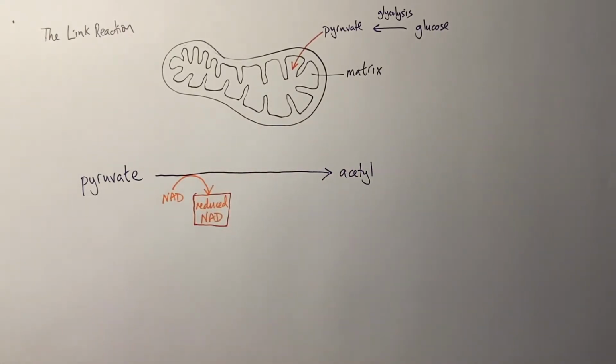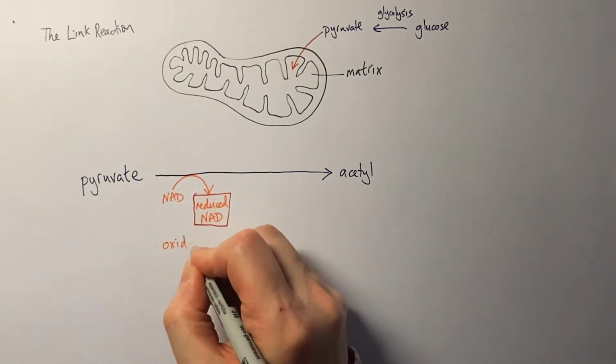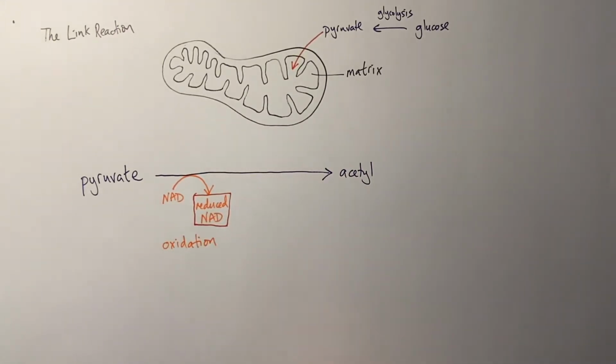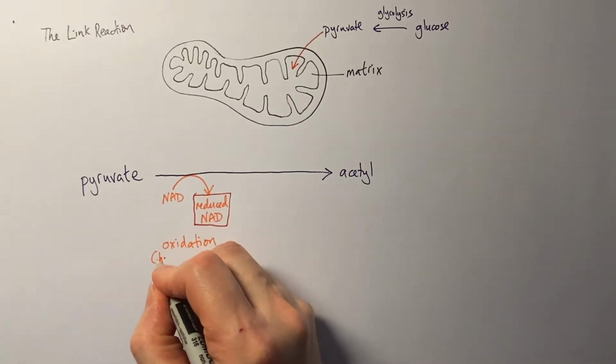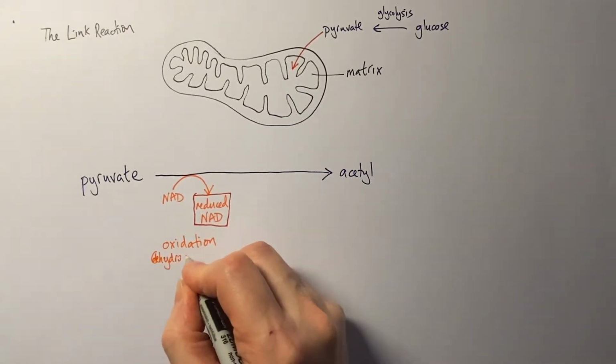Because that process involves the loss of hydrogen from pyruvate, it is described as an oxidation. Now, the term oxidation can be misleading, so we could also call it a dehydrogenation.